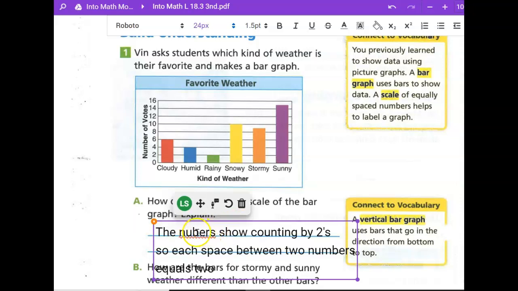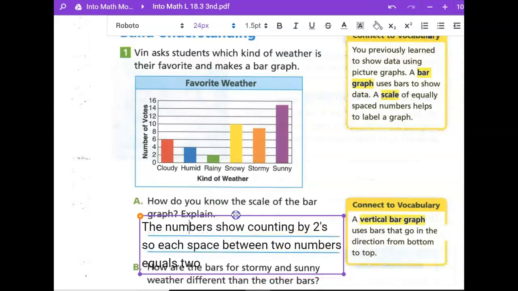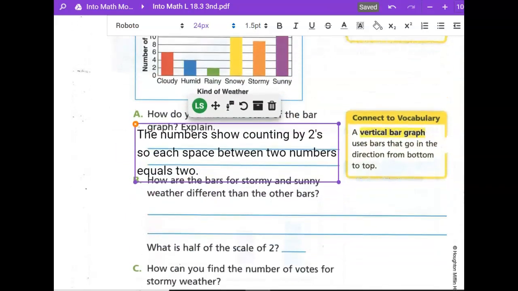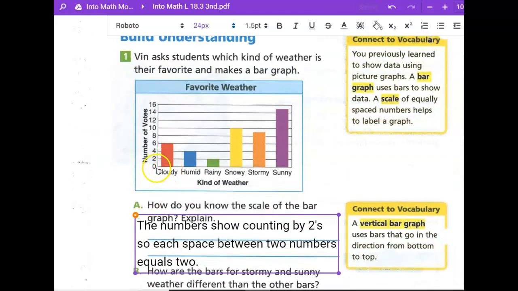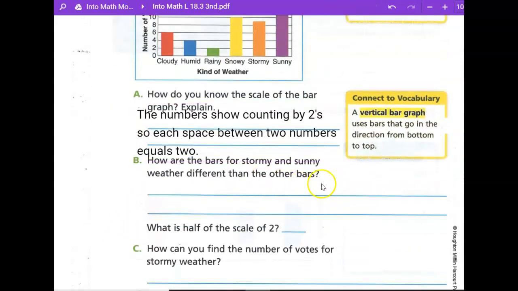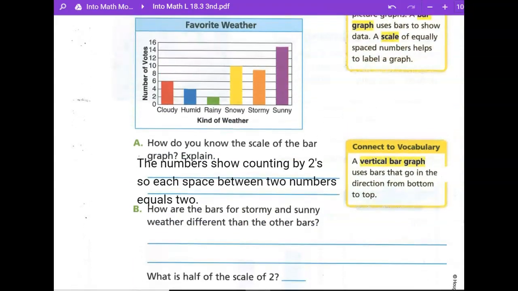Okay? Let's see if we can move this so you can see it. All right. So just like I talked about, from 0, from this line to this line is 2. Okay? How are the bars for stormy and sunny weather different than the other bars?